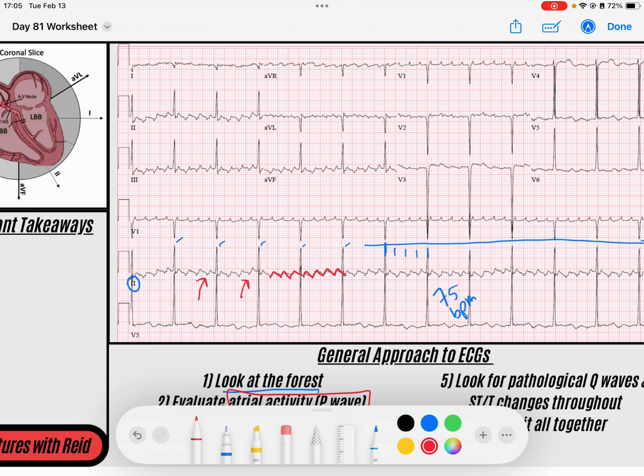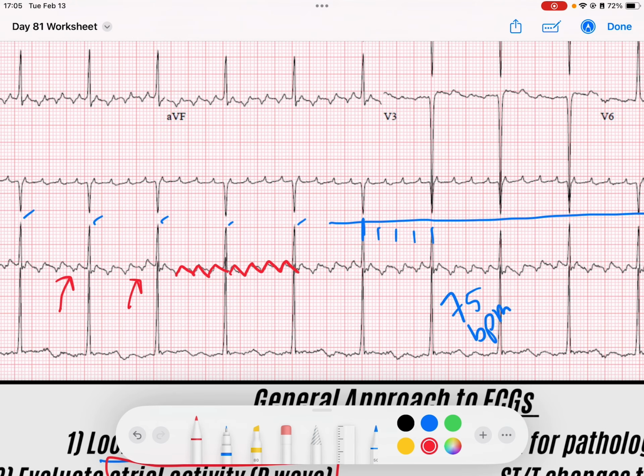We know since it's low amplitude that this is atrial activity, because the atria is a thin-walled myocardium. It doesn't produce big deflections. And the rate of these sawtooth pattern waves is roughly just under 300 beats per minute, maybe 270 beats per minute, in between each of these little sawtooth patterns.